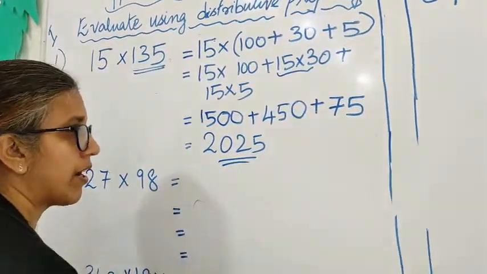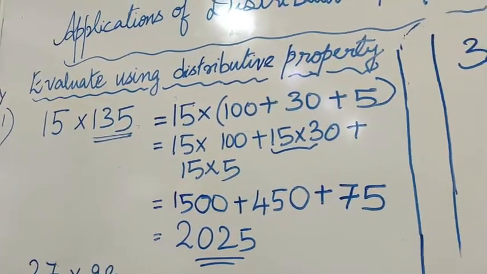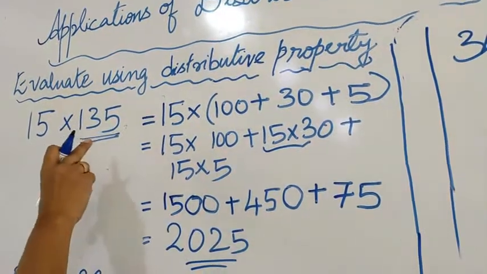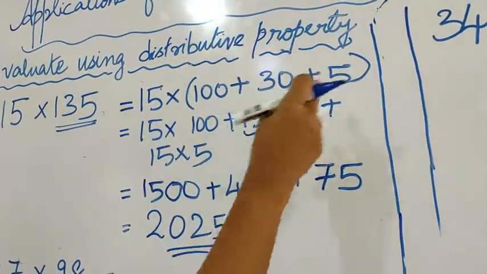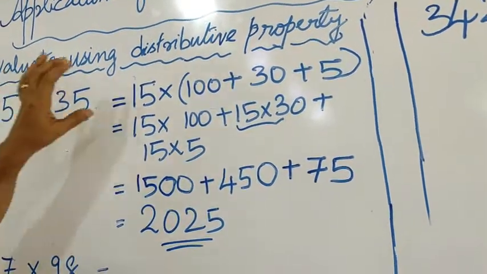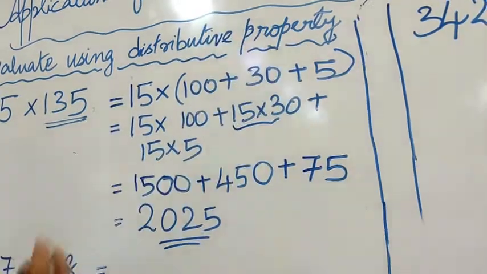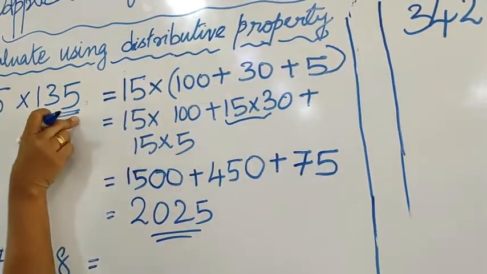So this is one way to do this multiplication using distributive property, that is 15 into 135 is equal to 15 into 100 plus 30 plus 5. We have expanded this number 135 as 100 plus 30 plus 5. If you add 100 plus 30 plus 5, you will get the same answer 135.